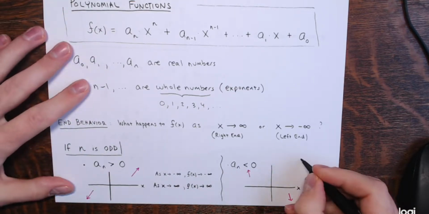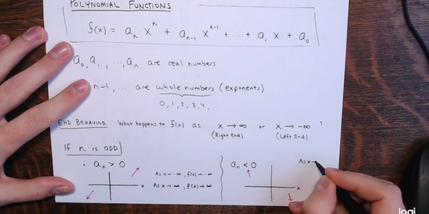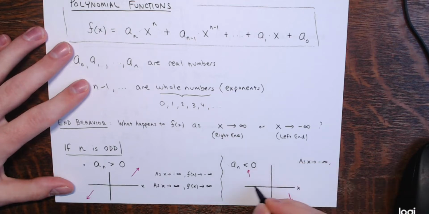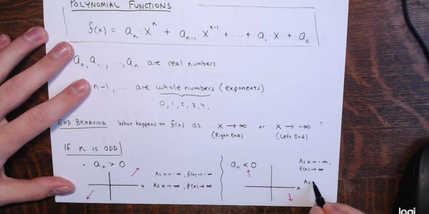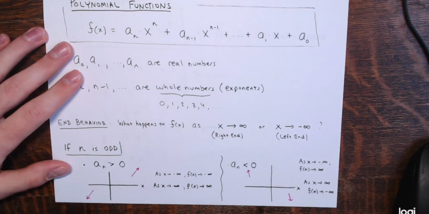So I would say as x goes to negative infinity, as we go to the left, the value of the function is going up. f of x is approaching positive infinity. And as x approaches positive infinity, on the right end, f of x is going to negative infinity. So this is how you would describe it with arrow notation.